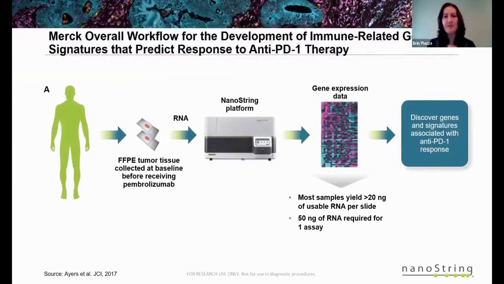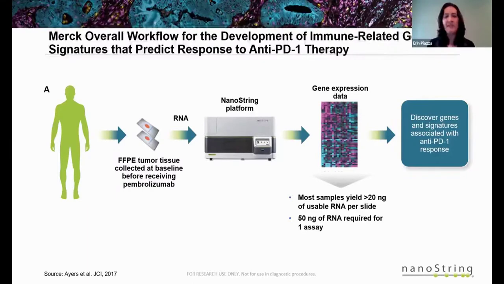So first, I'll tell you the story about how the tumor inflammation signature was developed. It's not just a great story to demonstrate the power of this signature, but also to demonstrate the possibilities of what kinds of signatures and information you can get out of nCounter profiling. This work was done by Merck in combination with their efforts around their anti-PD-1 drug pembrolizumab.